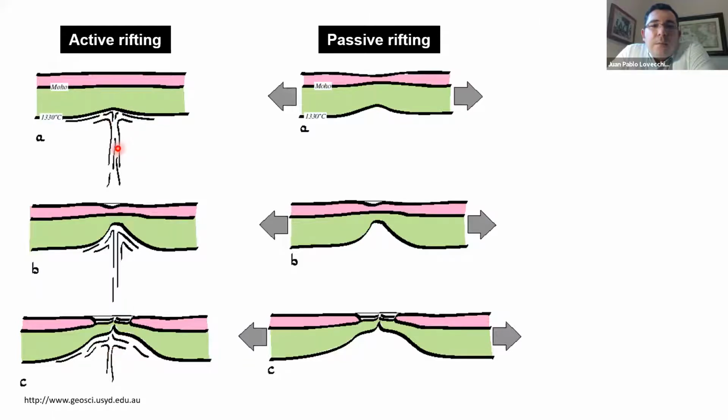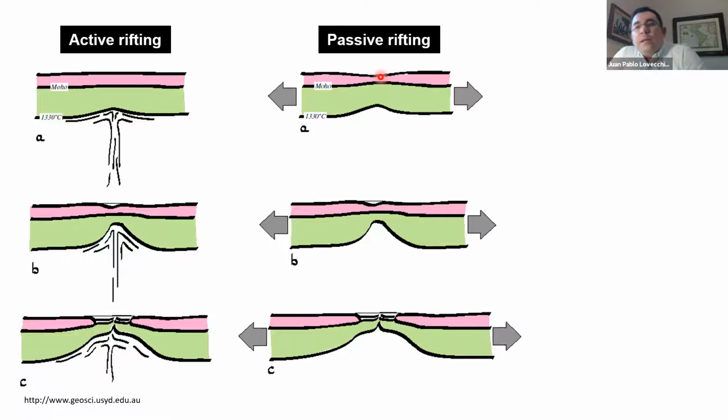In the case of active rifting, the asthenosphere is actively pushing up and moving up, and this produces doming. So there's a thermal anomaly that's making the isotherms go up, and this is producing extension and volcanism here at the surface.